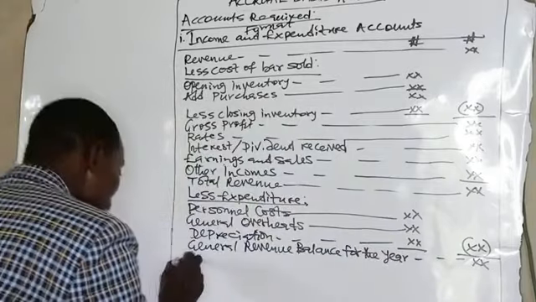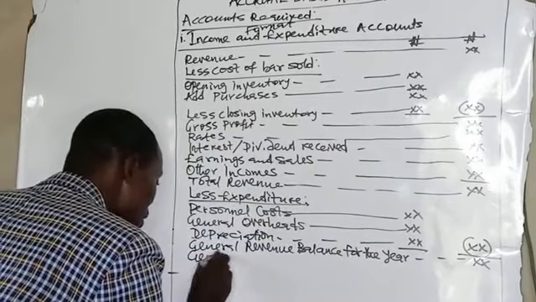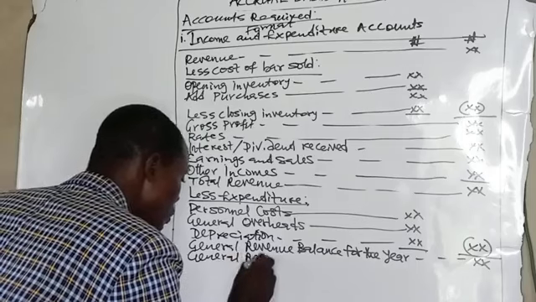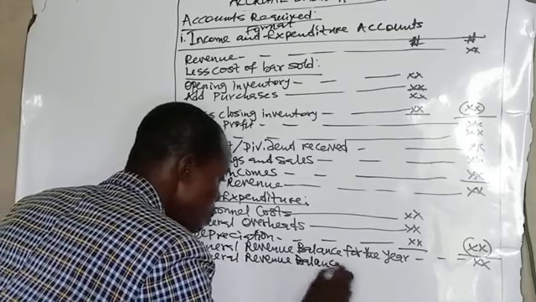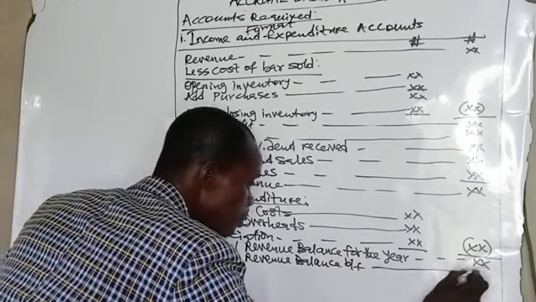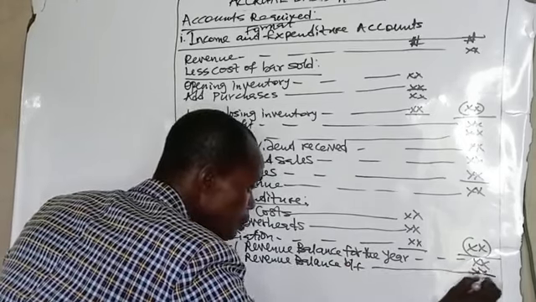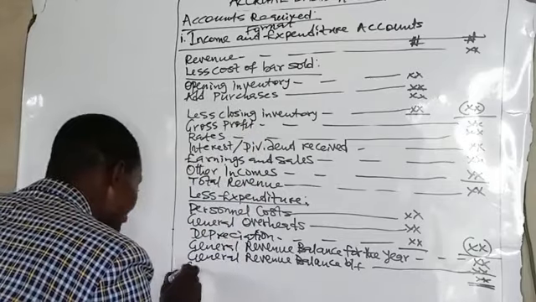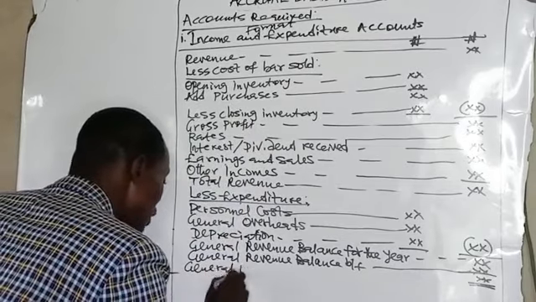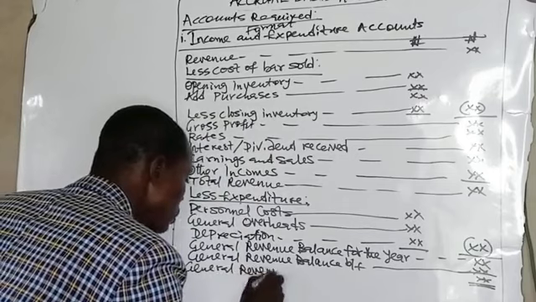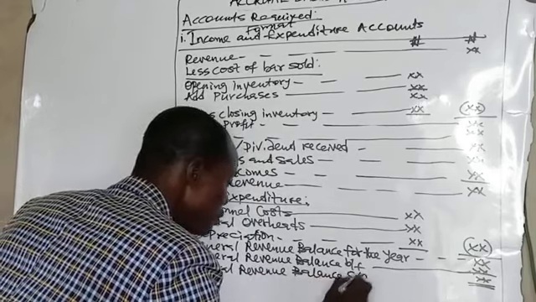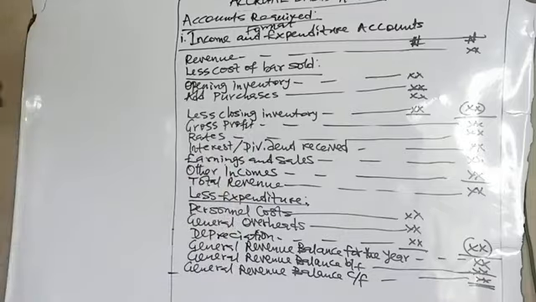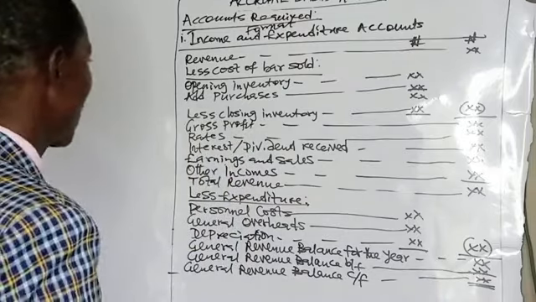If you have the opening balance, general revenue balance brought forward, if you add it, you now have general revenue balance carried forward. This is the format for the income and expenditure account.